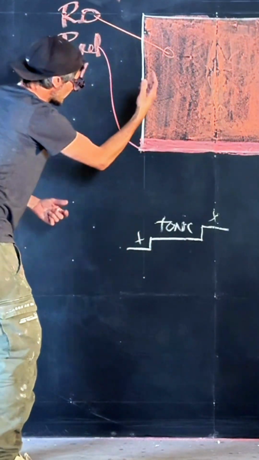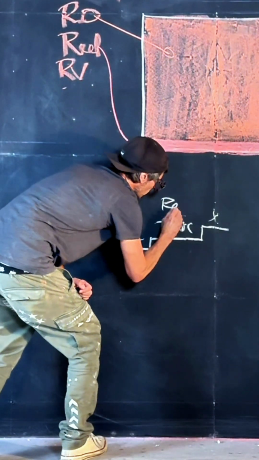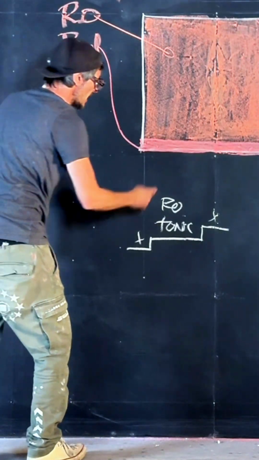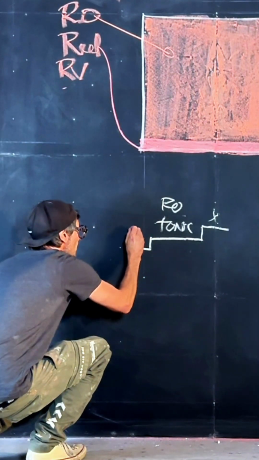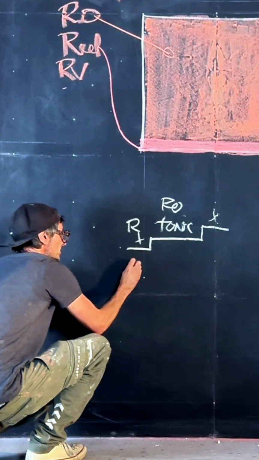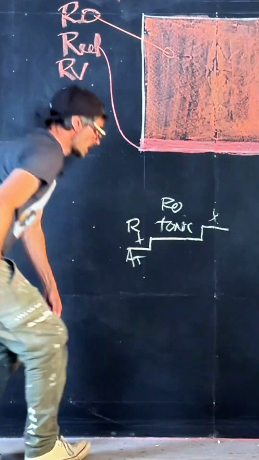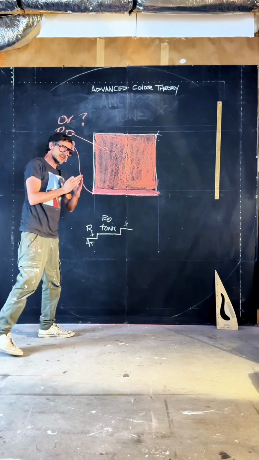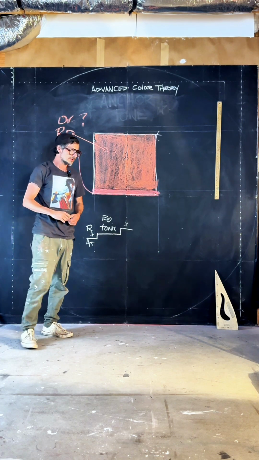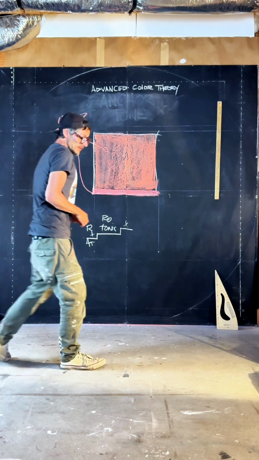So in this case, we have a red-orange tonic, and the red is the anchor tone. It is exactly neighbors on the color wheel, always. That's it.